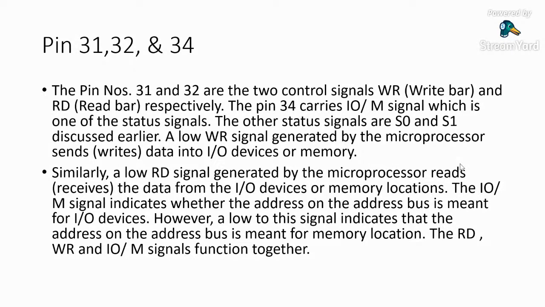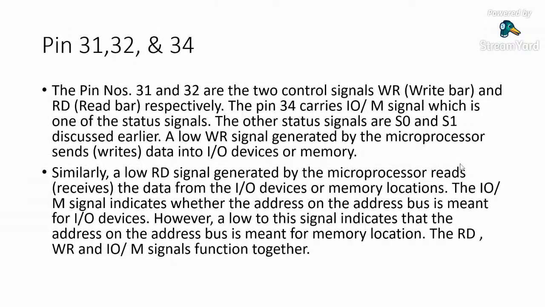The other status signals are S0 and S1, discussed earlier. A low write signal generated by the microprocessor sends data to the input-output device or memory. Similarly, a low read signal generated by the microprocessor reads or receives data from the input-output device or memory location.